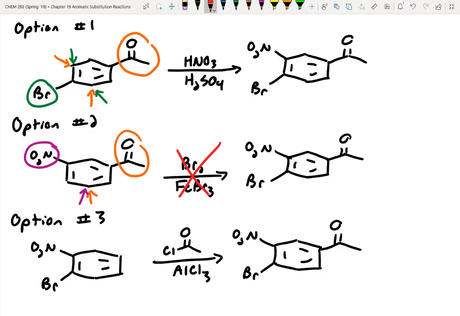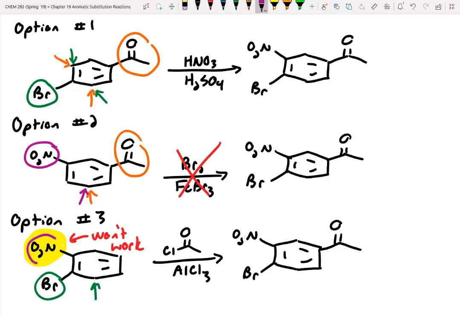All right, and then the last one. What's the issue? We can't do the Friedel-Crafts reaction due to this nitro group. In addition, we would potentially run into a mixture of products because we already said that this bromine could favor this group over here.